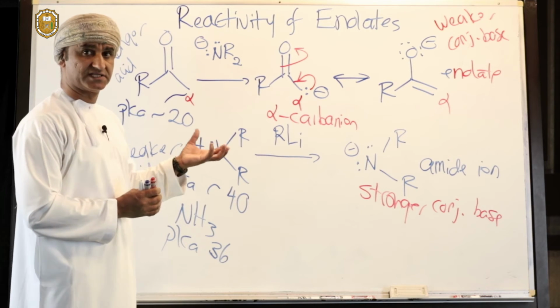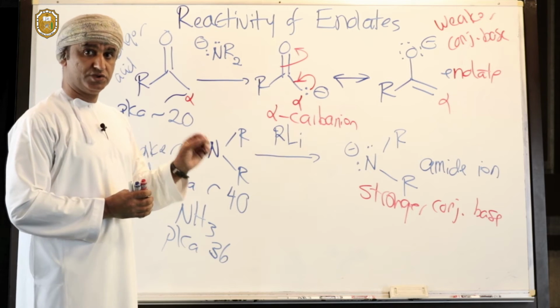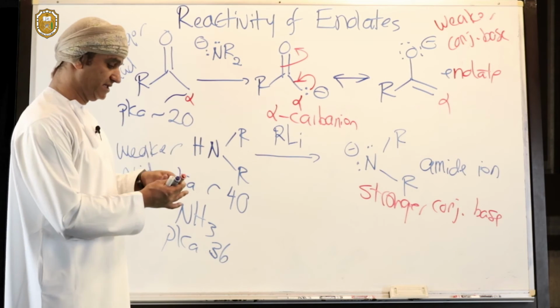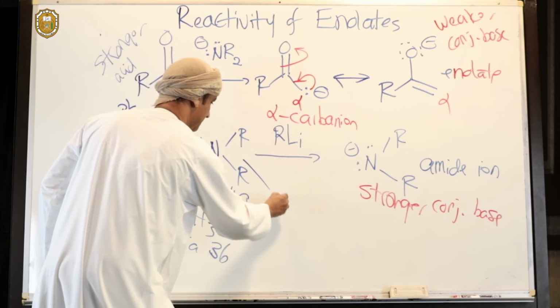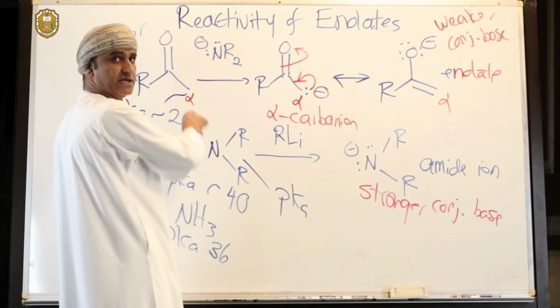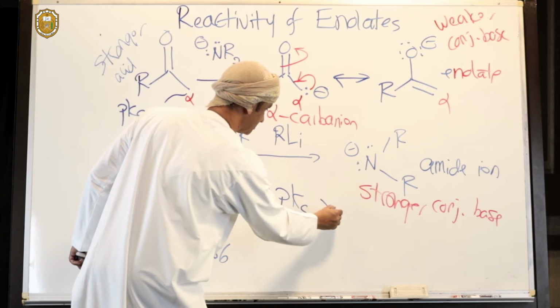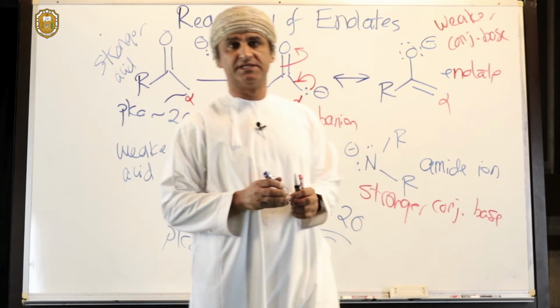So the suitable base should come from an acid whose pKa is higher than 20. This is the base that's required, and this is the acid. If that acid is desired to deprotonate a carbonyl compound, the pKa should always be higher than 20. This is the requirement, if you like.